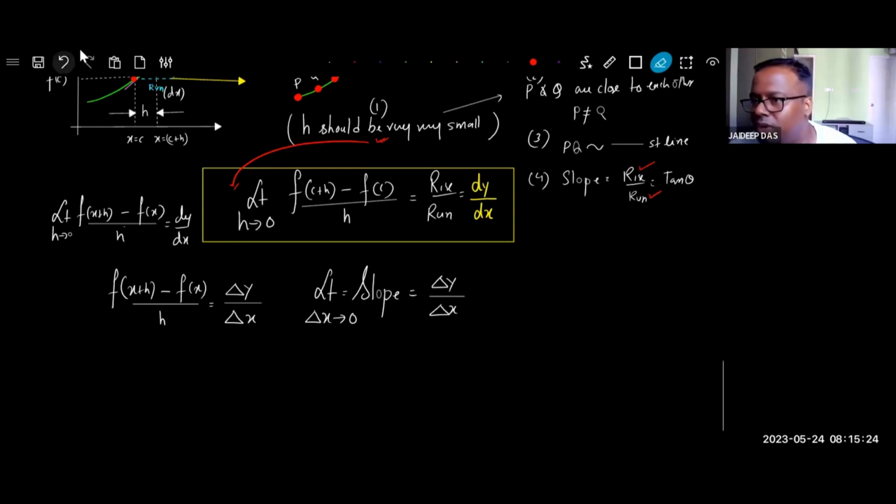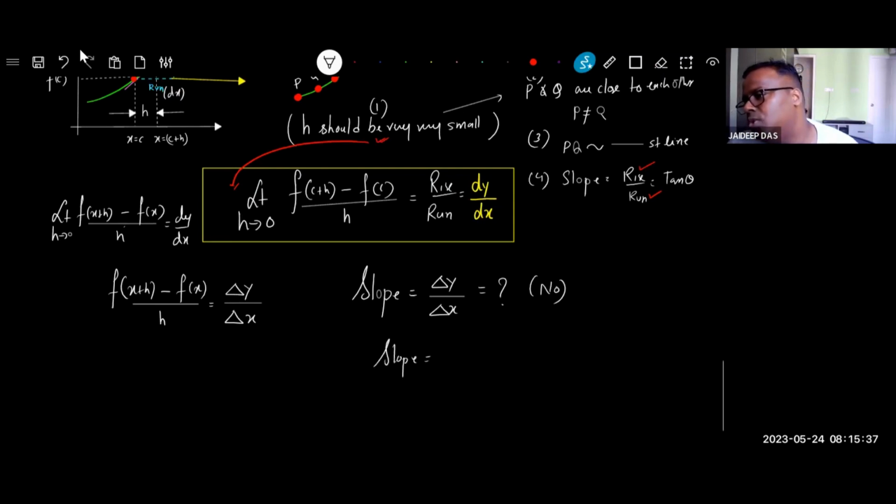So if I want to rewrite this, how do I rewrite this? I take off all of these and I ask, is this equal to slope? You say, no, this is not slope. Then what is slope? You would say, slope is equal to delta y by delta x only when delta x tends to 0. Whether you are a linear curve or quadratic, this is a common thing. It holds for everyone.